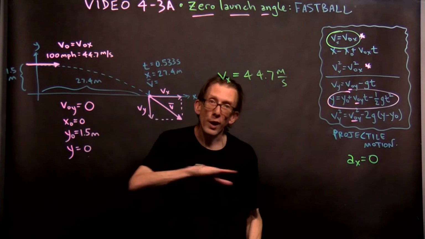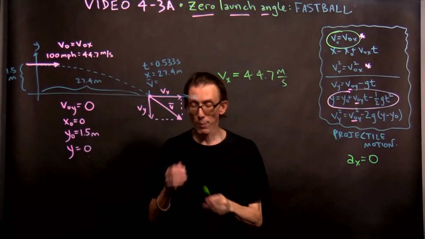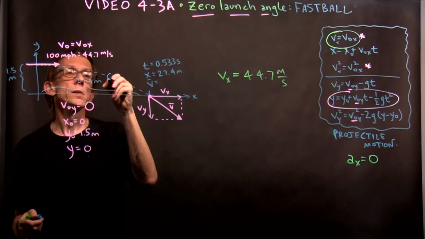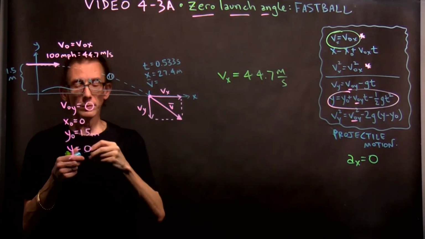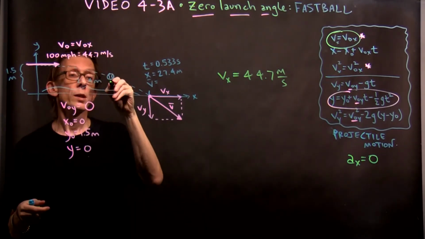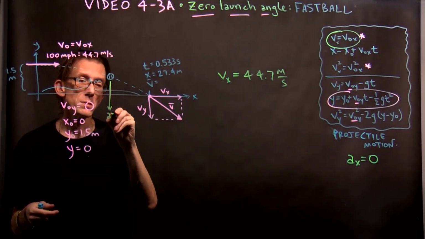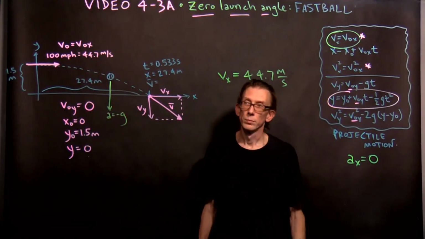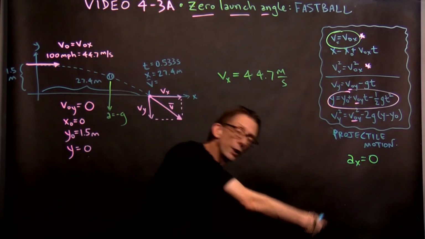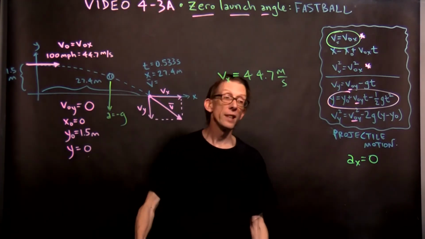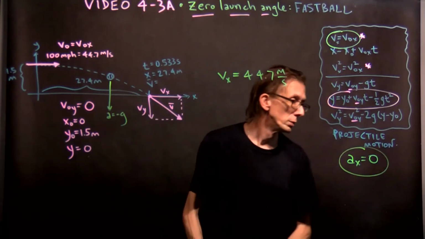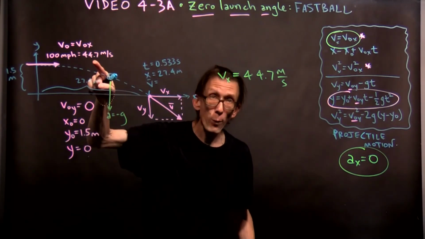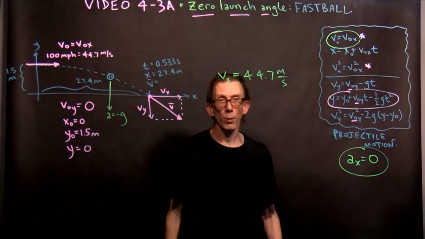There's no acceleration left to right. All the acceleration on this ball, and this is a little hard to wrap your head around, is down. So if the ball was right here, the acceleration on that ball is down. There's nothing accelerating it to the right. This acceleration in the x direction is 0. So its velocity, if its x velocity started at 44.7, it'll always be 44.7.